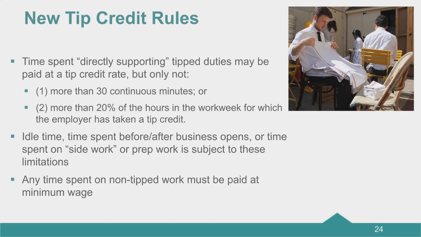And so really, if you are taking a tip credit, meaning you are paying less than minimum wage, and you are taking some sort of credit to get yourself up to the federal minimum wage, you need to make sure that you are looking at these rules and making sure that employees are not going over these limitations pursuant to these new rules.